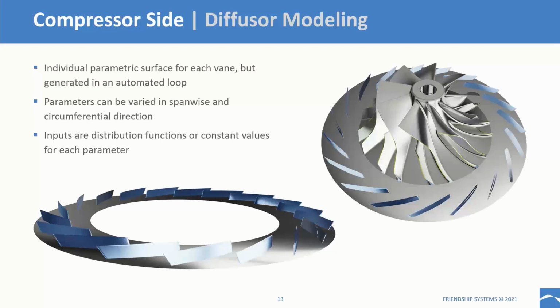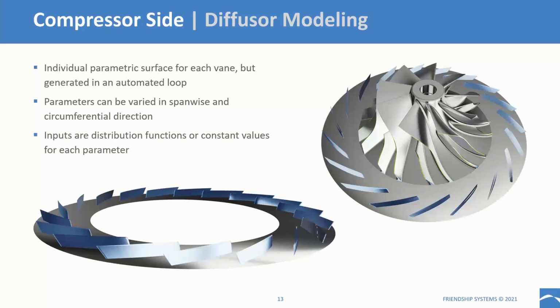We can change what they call the airfoil parameters in spanwise direction, height direction here, but we can also change the shape of these vanes in circumferential direction to possibly take into account asymmetries in the flow that are due to the volute being non-axisymmetric and things like that.